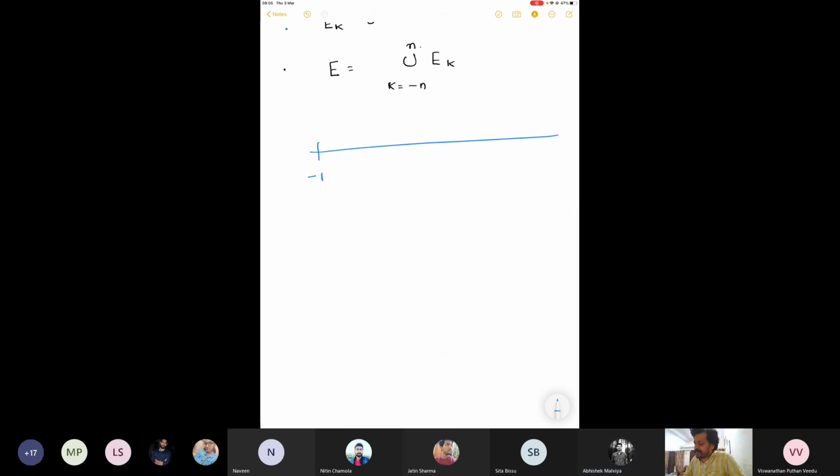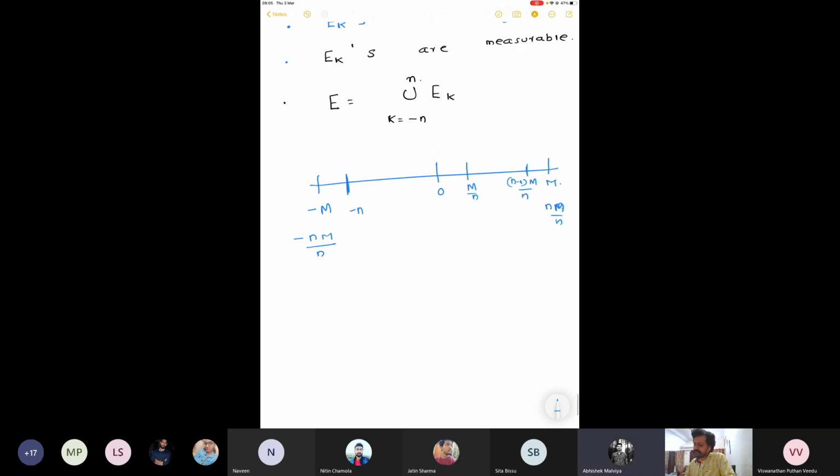You have minus m to m. And here, this is minus n m by n, and here you have n m by n. In between you have 0. Here you have m by n and so on. This is (n minus 1) m by n. And you are saying something about this minus n minus 1.